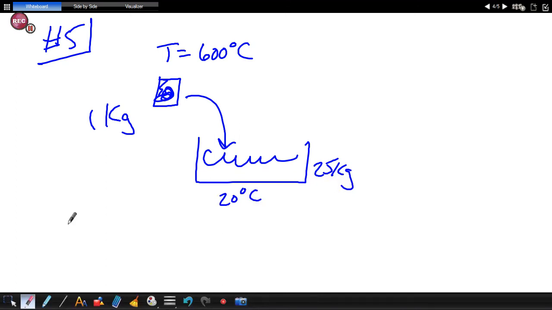So the heat transfer for the object is equal to the inverse heat transfer for the water. That just means we take the energy out of the object and put it into the water.